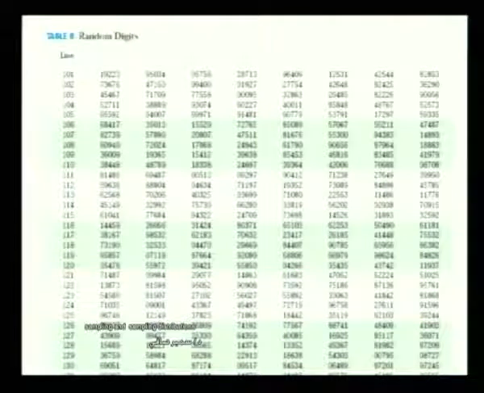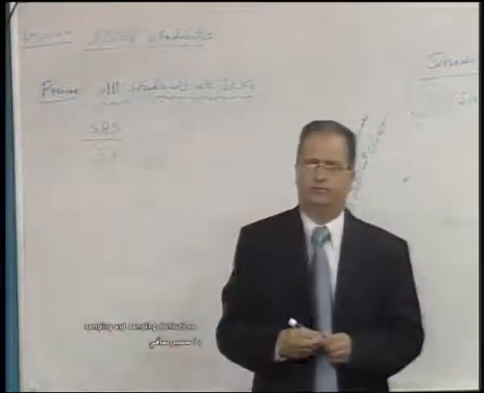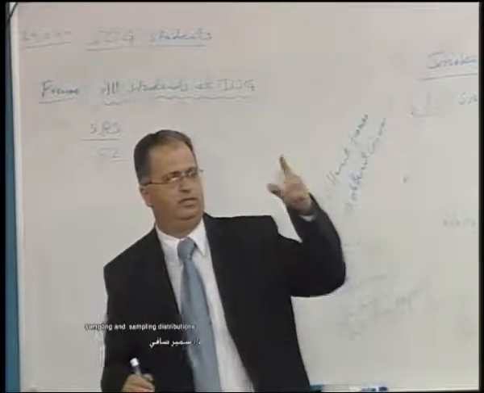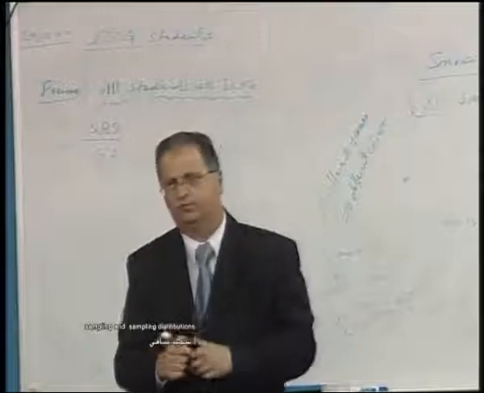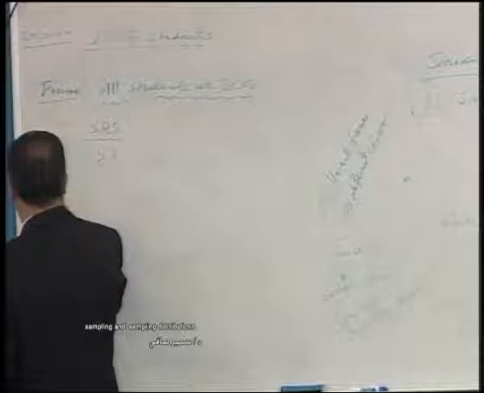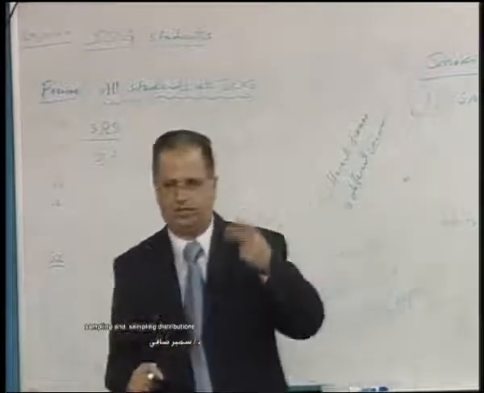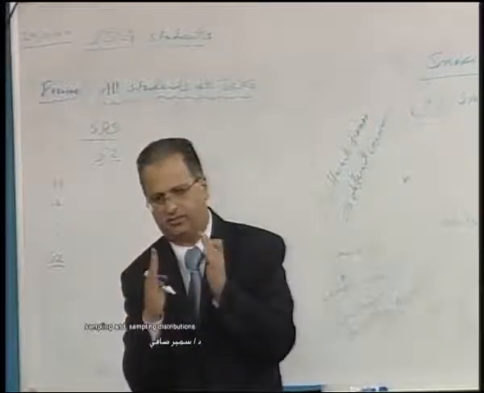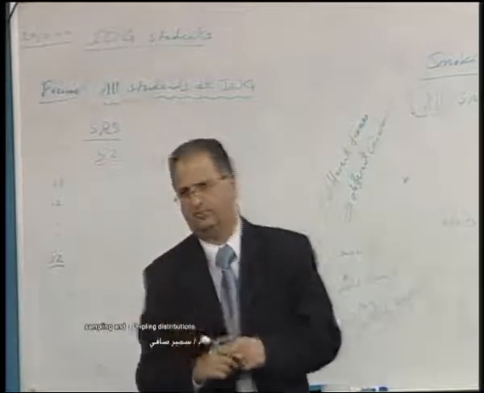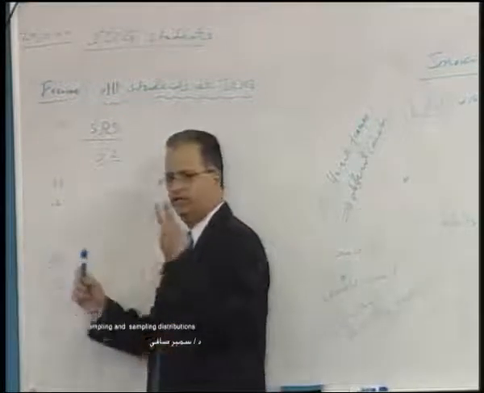Suppose in this class, as I mentioned, there are 52 students. So each one has an ID number: 1, 2 up to 52. So the numbers are 01, 02, all the way up to 52. So the maximum is two digits.